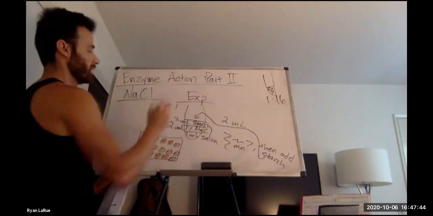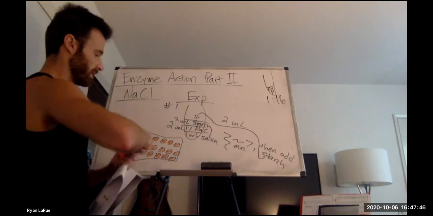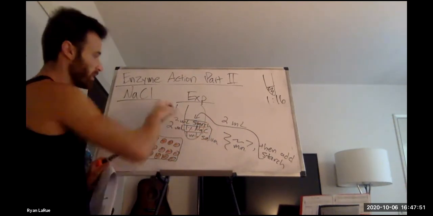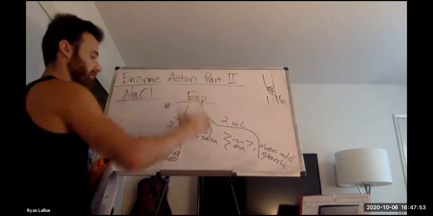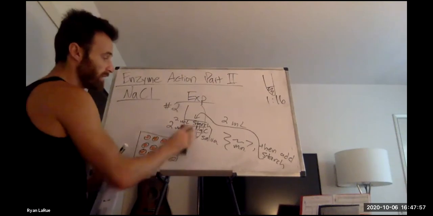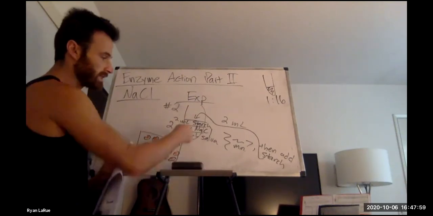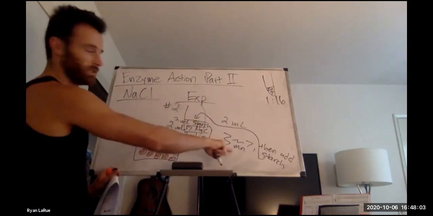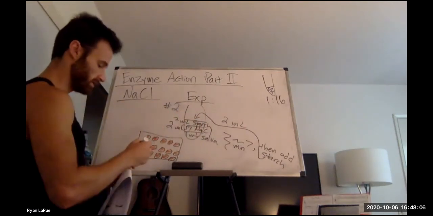So if this was your first experimental condition, you would try the next row with another test tube, but this time with 5% NaCl, exposed to the enzyme in saliva for 7 minutes, and then you'd add your starch.